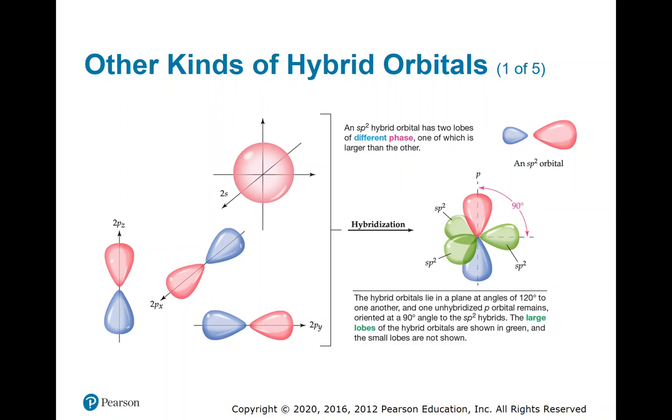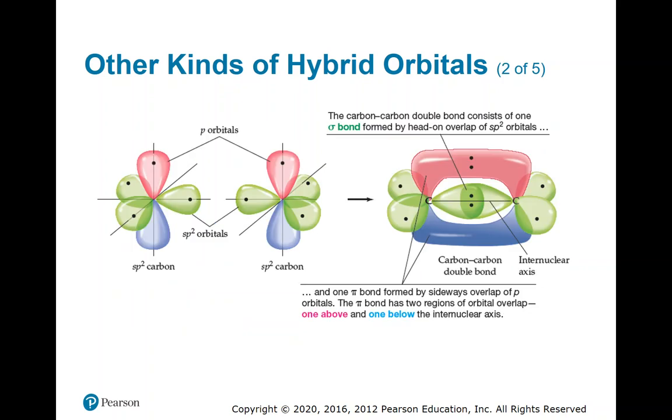Keep in mind that when we have 2 of our p orbitals hybridized, that means we didn't use one of our p orbitals in the hybridization process. Specifically the pz orbital, which is right here, isn't one of these green hybrid orbitals, it's still a regular p orbital. And that's going to affect our molecular geometry and the consequences for some of our bonding.